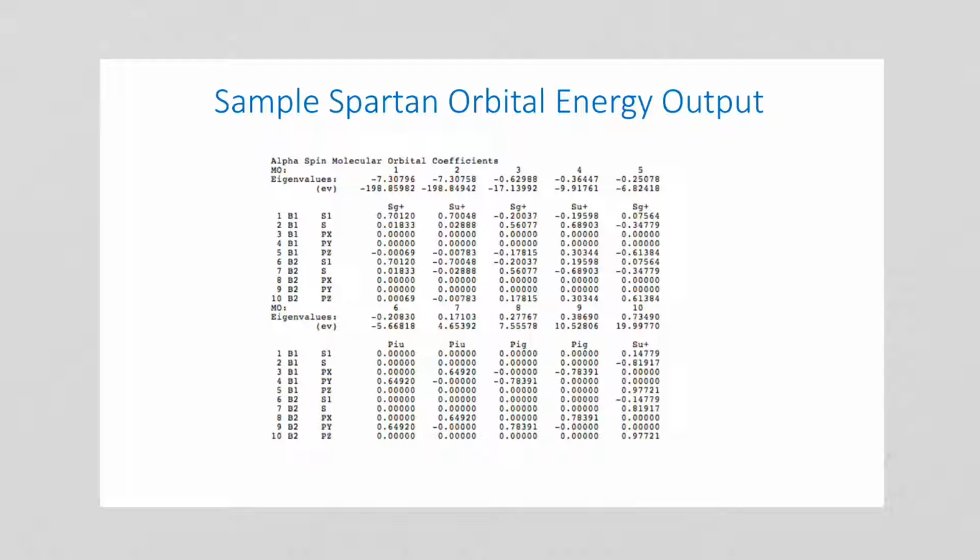Okay, so here we're going to have, again, just a molecule. Essentially, there's our Lewis structure for what we've done this calculation for. Again, each column here just represents an individual molecular orbital.